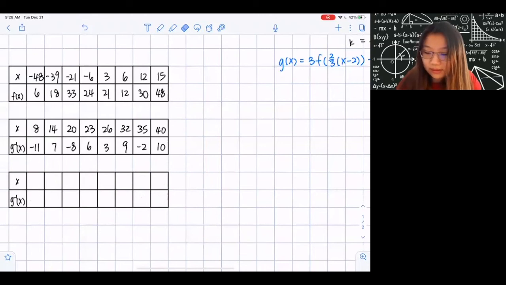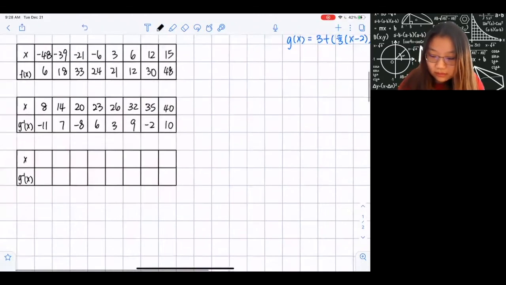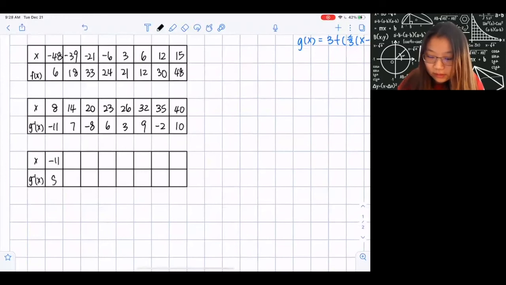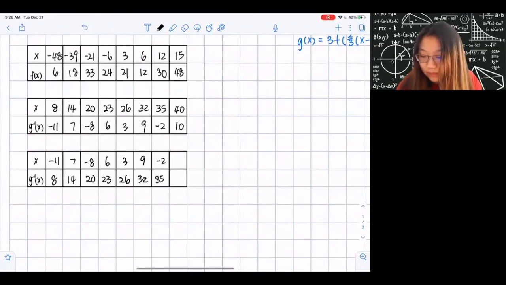So I have negative 11, 8; 7, 14; negative 8, 20; 6, 23; 3, 26; 9, 32; negative 2, 35; 10, and 40.